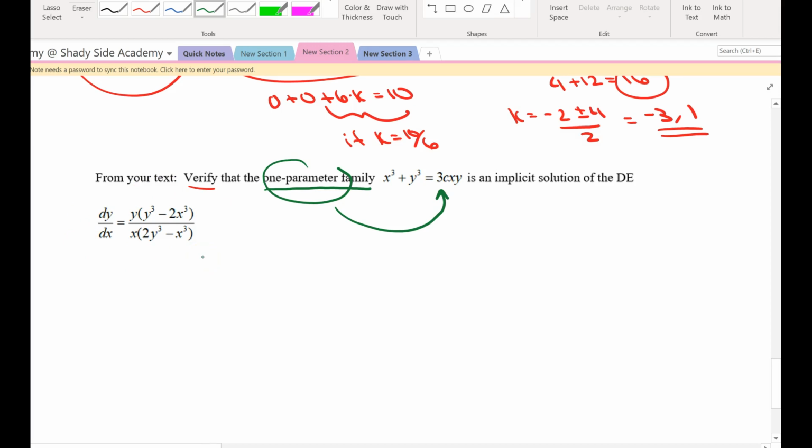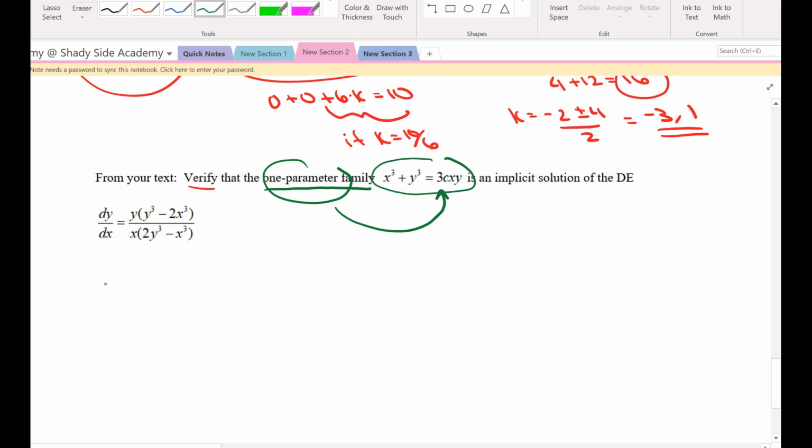So let's see, there are several ways to go about it. My feeling is the easiest is to find dy dx of this equation implicitly and show that dy dx does in fact equal dy dx here. As I was just saying that, I was eyeballing over here to see if by some chance this was a separable diffie-q, and it is not.